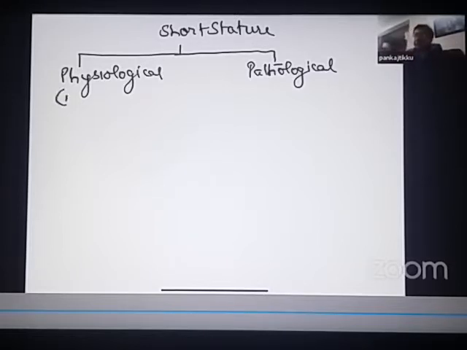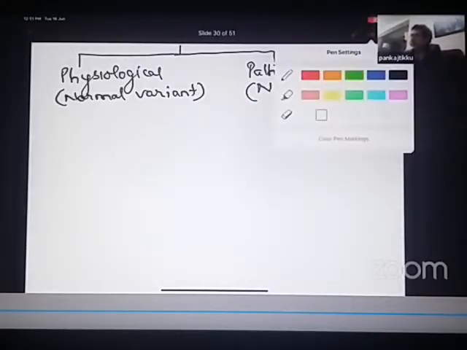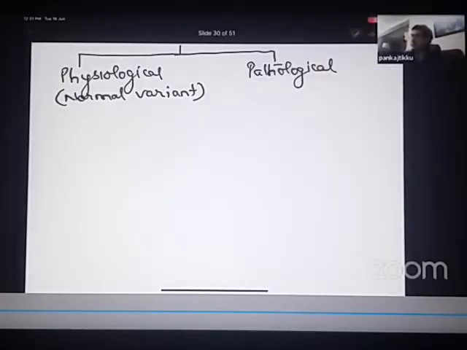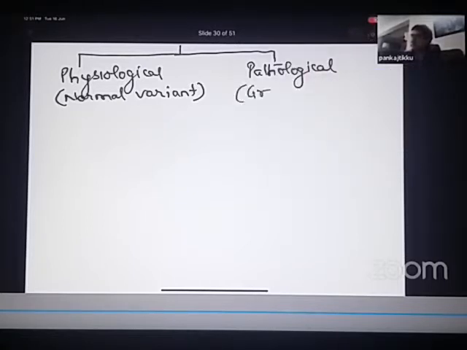Physiological short stature is also known as normal variant short stature, because the growth velocity is normal. In pathological short stature, the growth velocity is decreased.